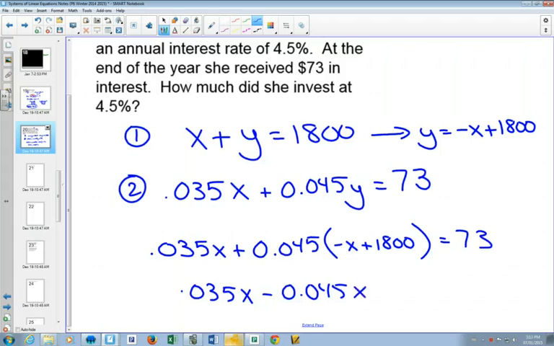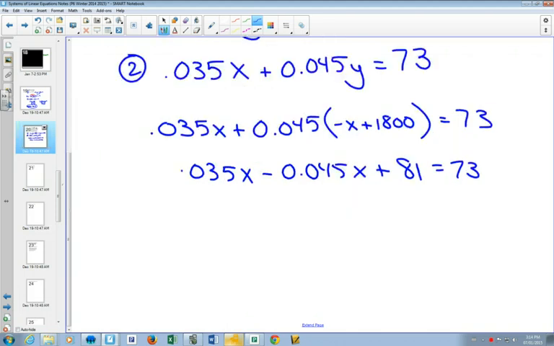And anybody do this on their calculator yet? The 81? Negative 0.035 minus 0.045 is negative 0.01x.